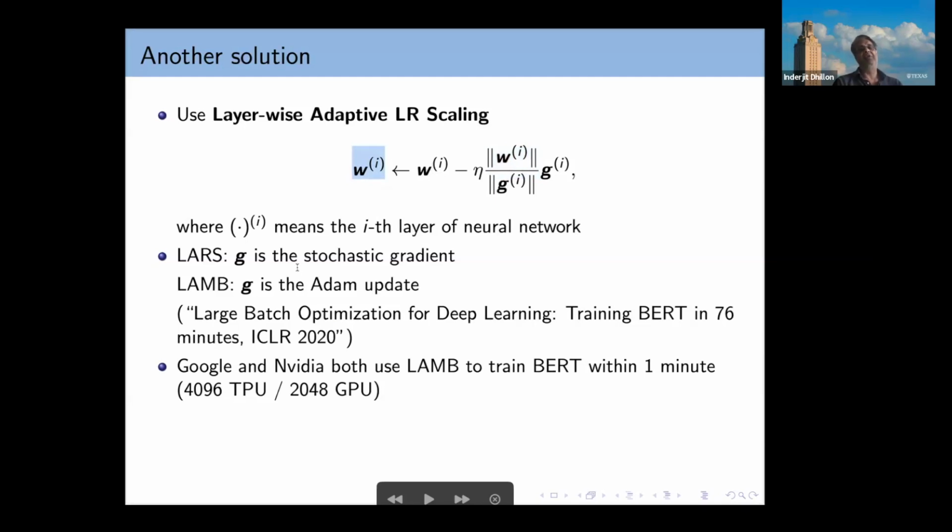There are various methods. One is called LARS, where G is the stochastic gradient. The other is called LAMB, where G is the Adam update. This kind of scaling is applied in both: when it's applied to SGD, it's called LARS, and when it's applied to Adam, it's called LAMB, right?